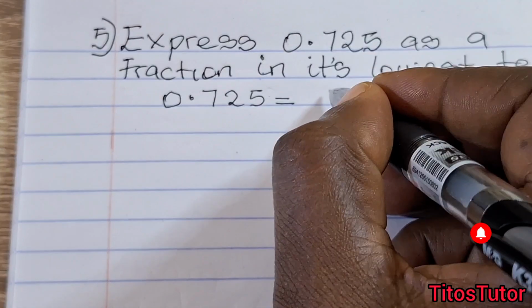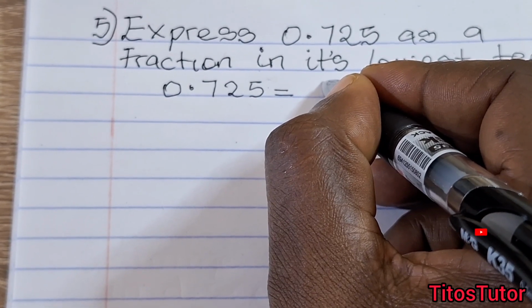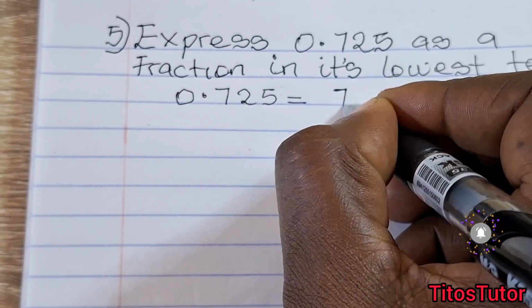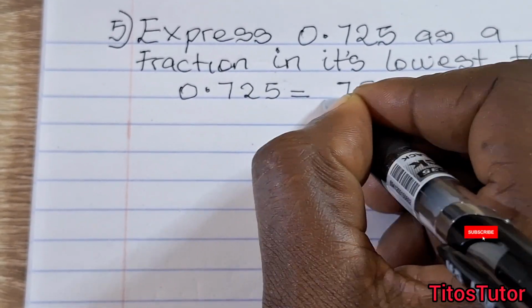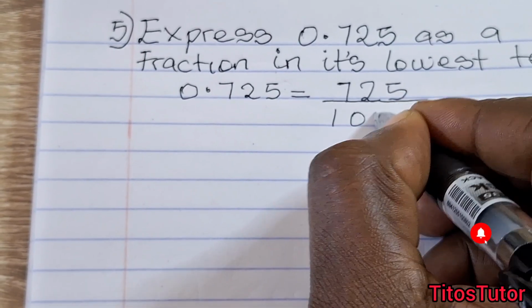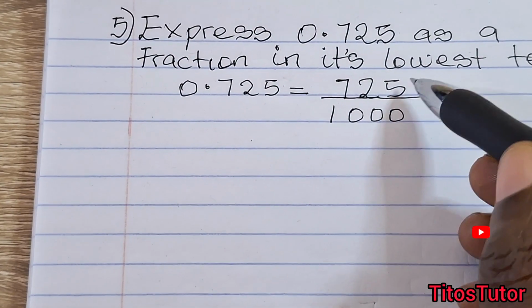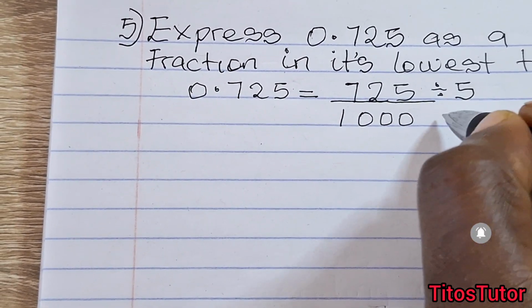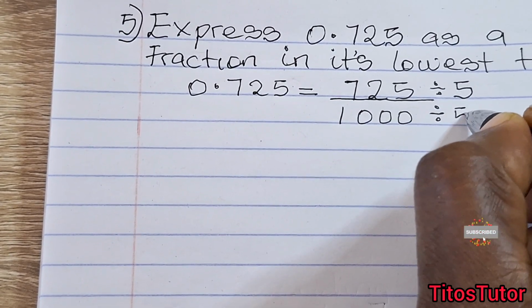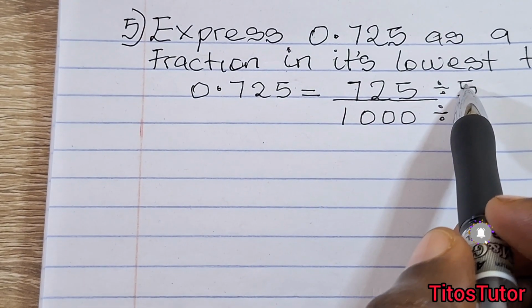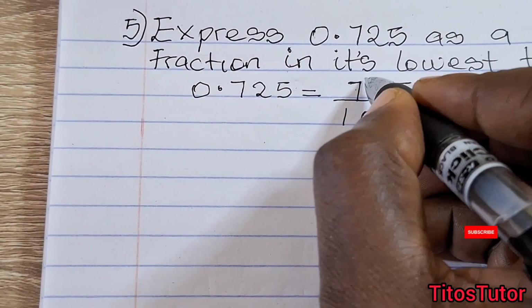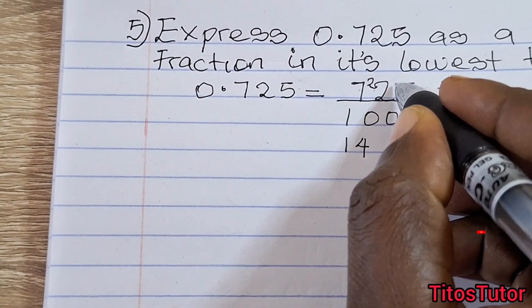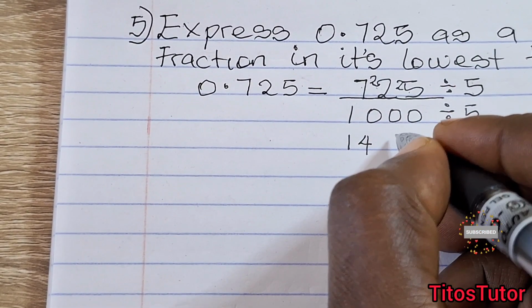So my final answer is going to be, not final, because I need to reduce to the lowest term. Okay, so I'll go by saying 725 all over 1,000. This is a multiple of 5. This is a multiple of 5. Whatever I divide the numerator by, I must divide the denominator by that as well. 7 divided by 5 is 1, remainder 2. 22 divided by 5 is 4, remainder 2. 25 divided by 5 is 5.